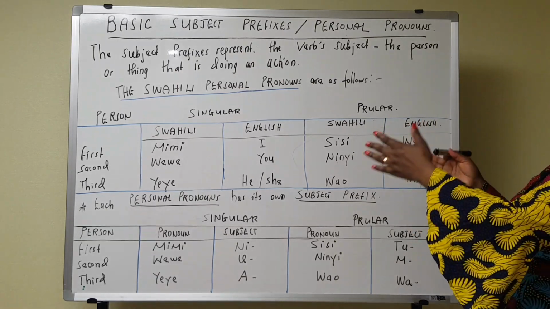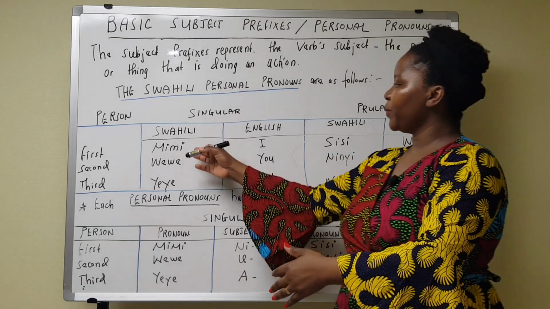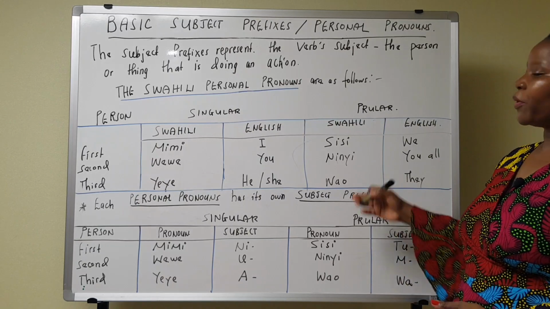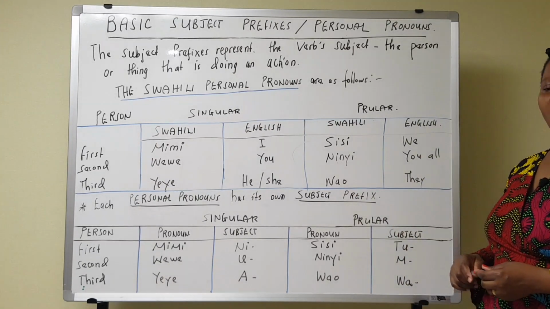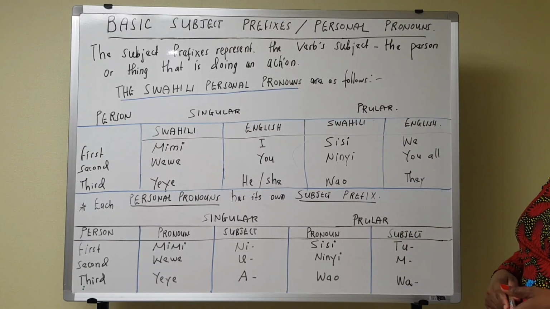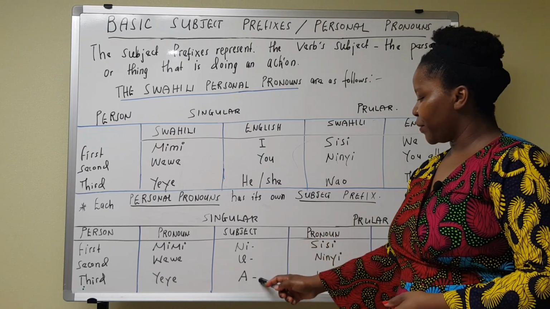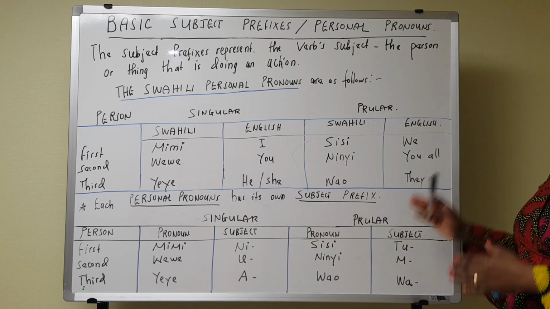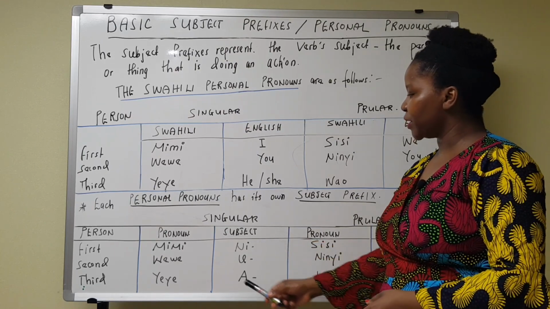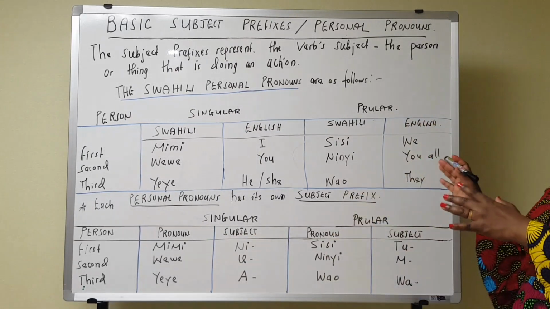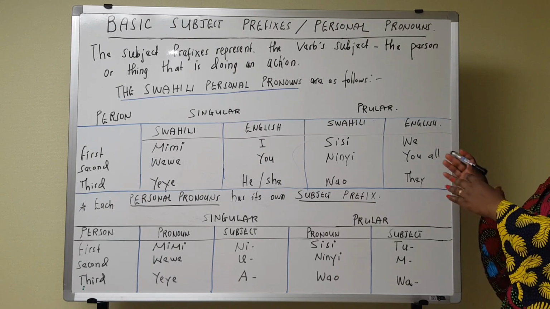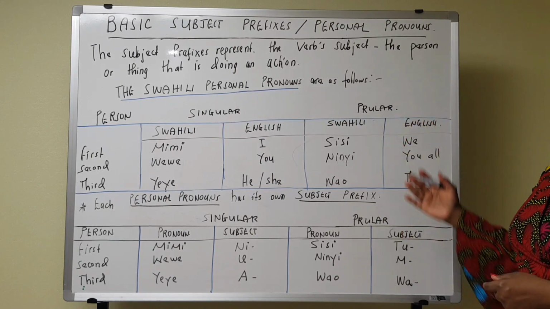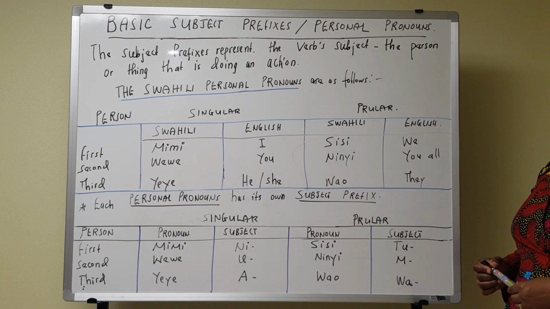But each personal pronoun has its own subject prefix. So these are the subject prefixes of each personal pronoun. We are going to use these subject prefixes and personal pronouns in some sentences that I'm going to show you after this part, okay?